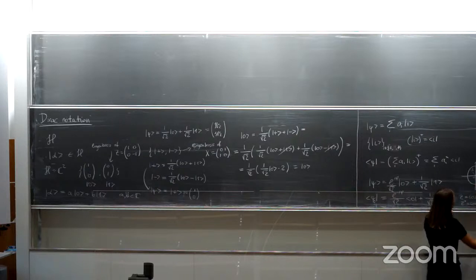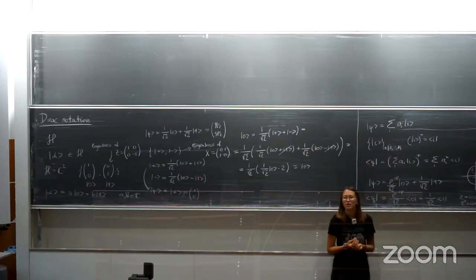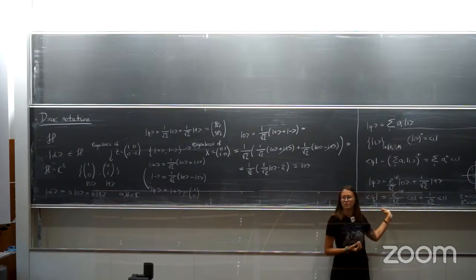So if this is e to the power I phi, this is e to the power minus I phi. Does that answer the question? Okay.